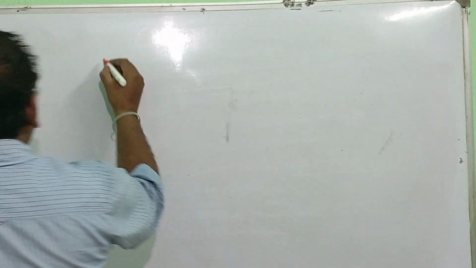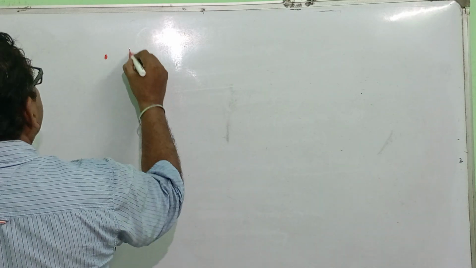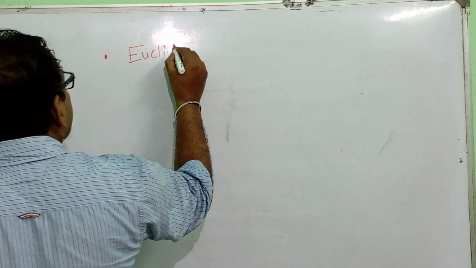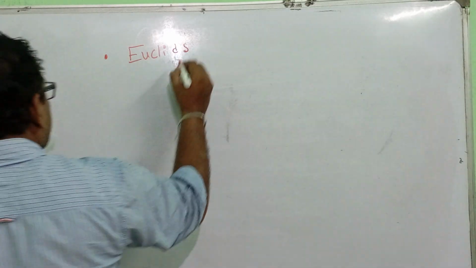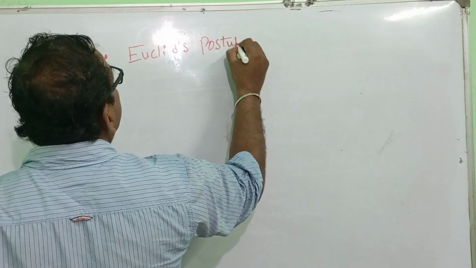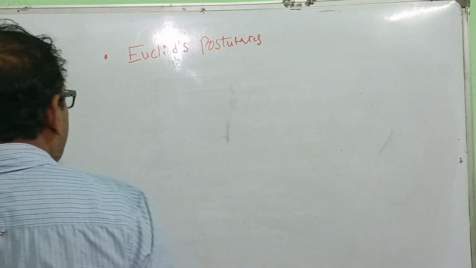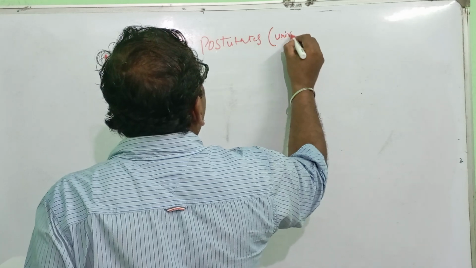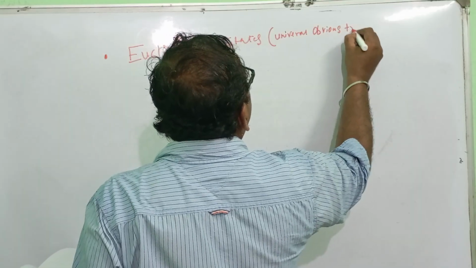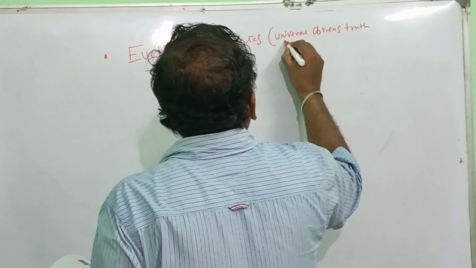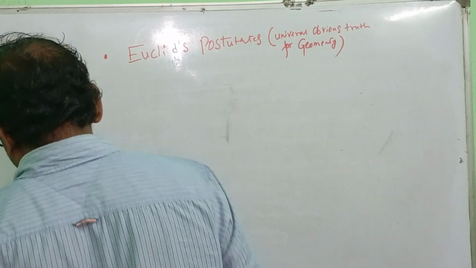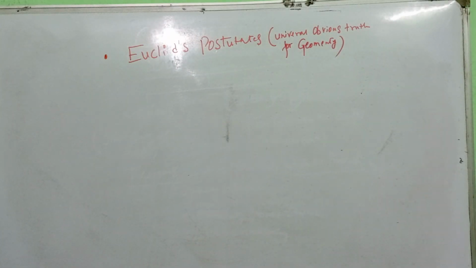Now consider the points, that means the universal obvious truth for geometry. Obvious truth for geometry.